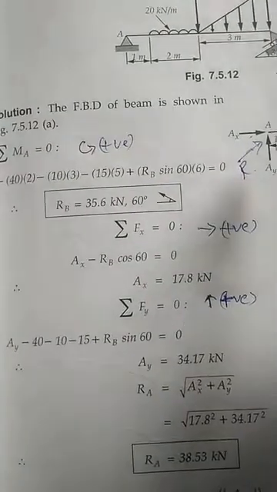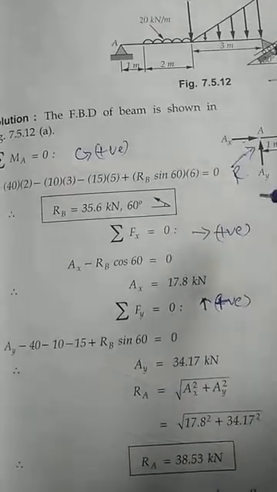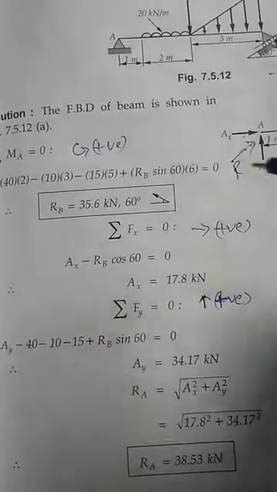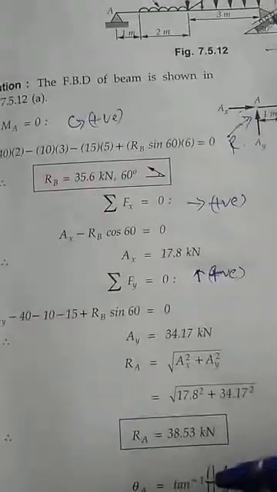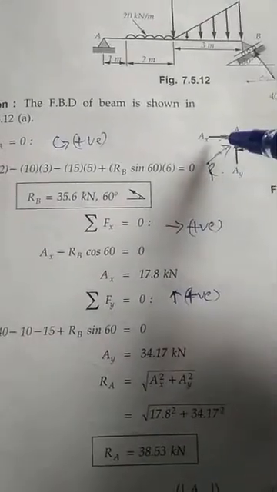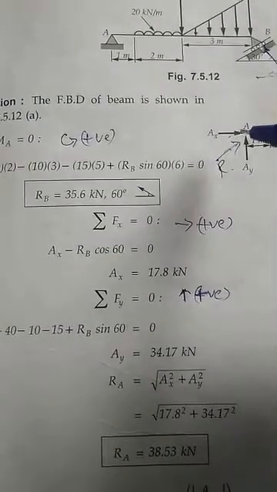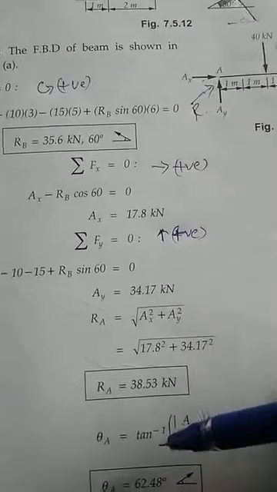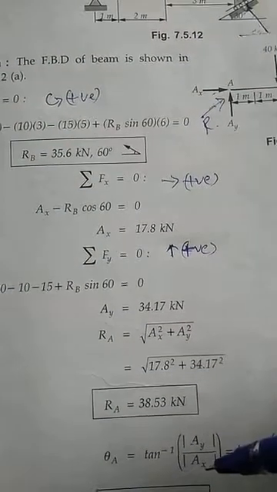Now you have determined the resultant of Ax and Ay, but at what angle it will be acting, that you need to determine. So tan theta is equal to the vertical force divided by the horizontal force. The vertical force is Ay and the horizontal force is Ax. So theta is tan inverse of the modulus of Ay divided by Ax.